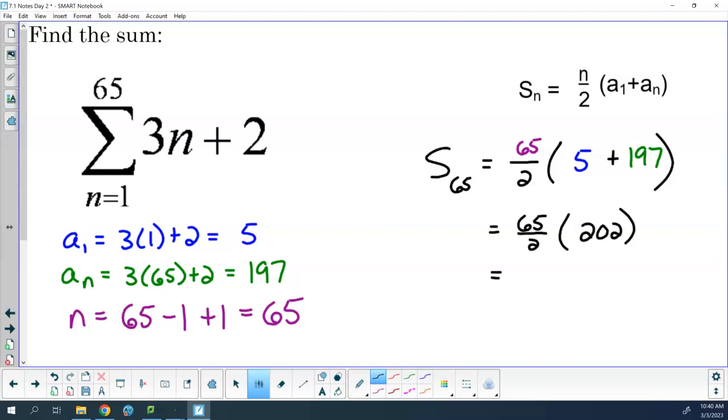The nice thing is that, yes, 65 can't be divided by 2, but 202 can be divided by 2.